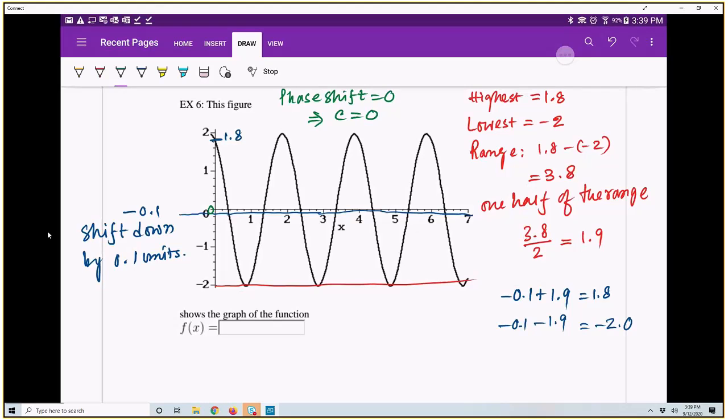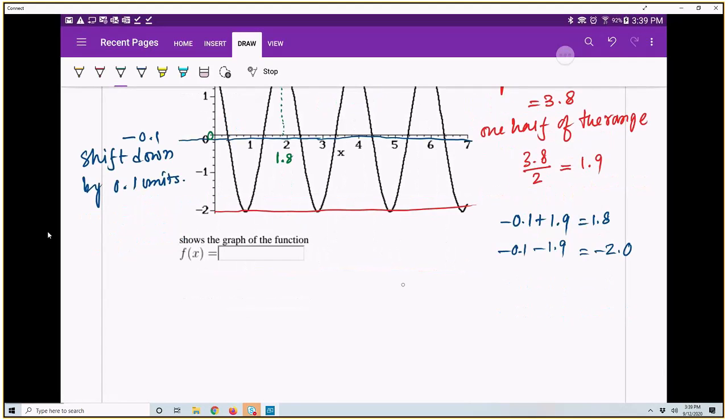Well, you start at 0 and there you have the highest value. The next highest value happens at this point, and this is 1.8. So that tells me that the period is equal to 1.8 units.